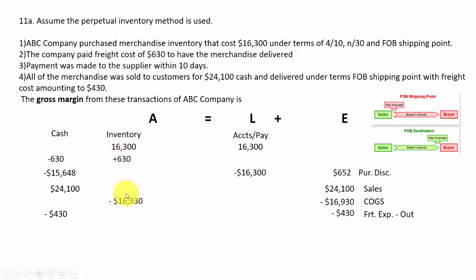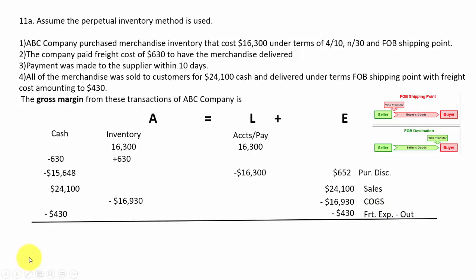The $16,930 was part of the cost of goods sold section. It makes a difference where you put this. So that freight went under cost of goods sold. This freight goes under operating expenses. That's a significant thing.